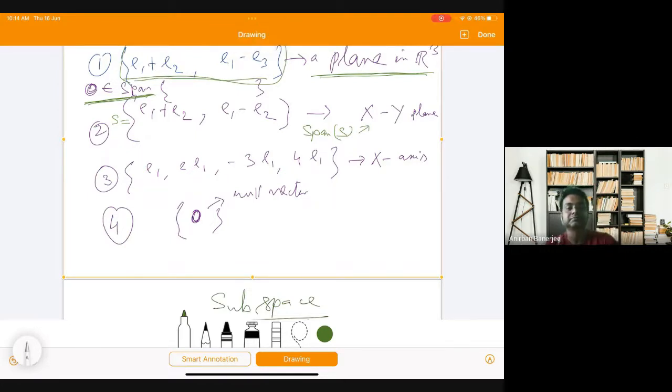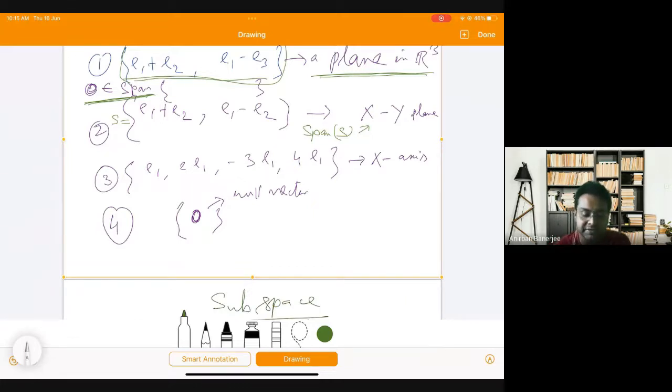And of course, this xy plane contains the origin 0, and it will form a subspace. So in this case also, you can say that this set of vectors, these two vectors of the set S, generates that subspace. Okay.